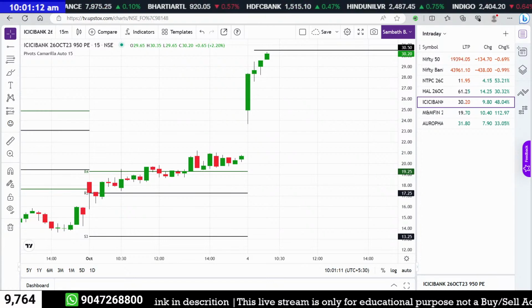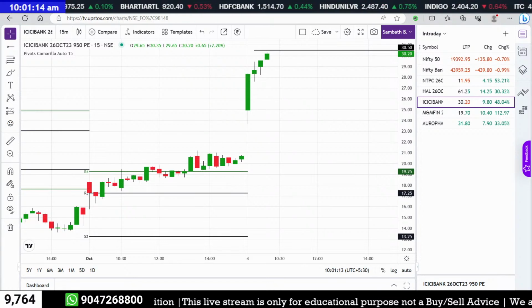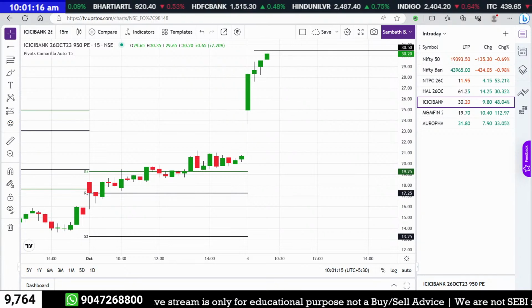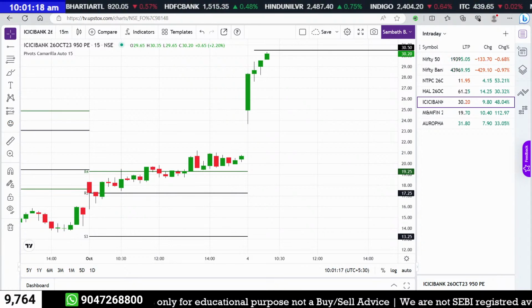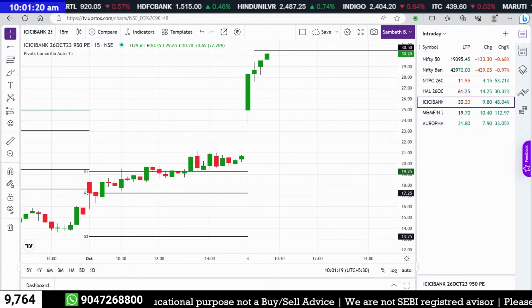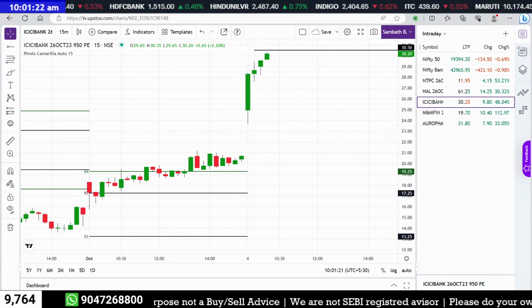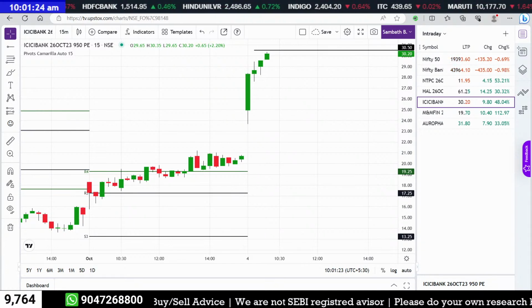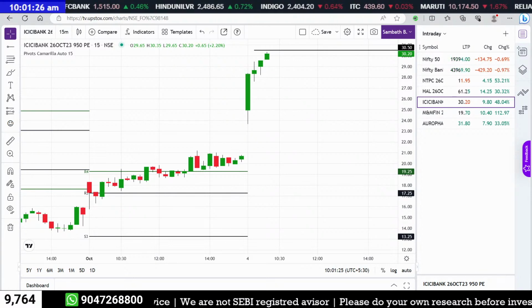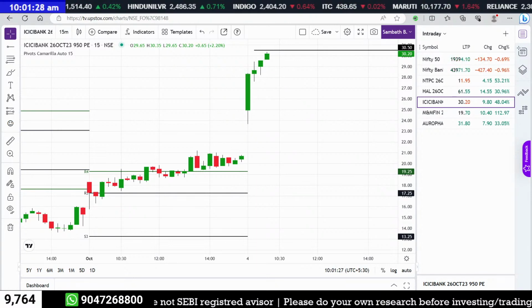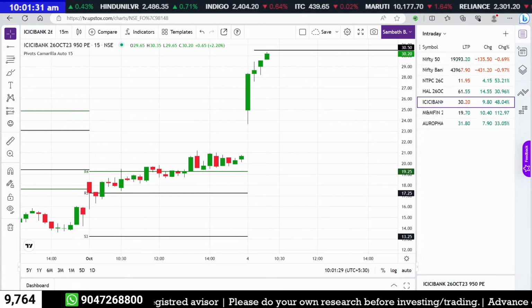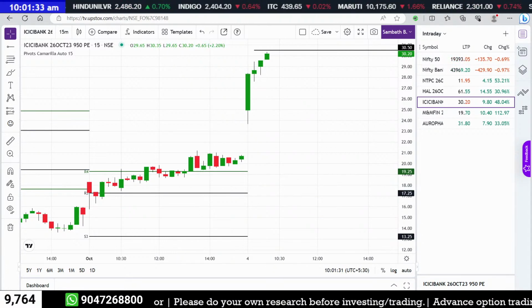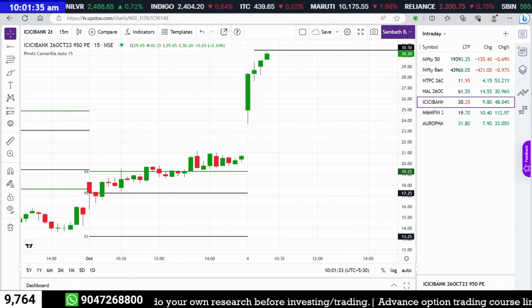So maybe ICICI Bank 950. 30.2 is the current price. Above 30.5 we are looking for.